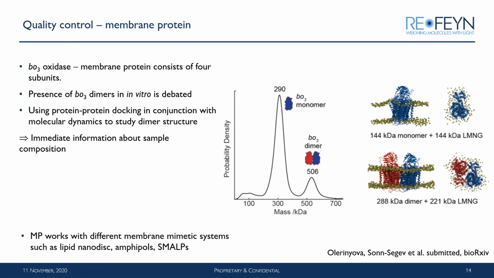Now, it's debated if there are dimers of BO3 in vitro, and also the reason. What we observe in our samples is that we do have dimers, and as you can see, their mass is smaller than twice the monomer.